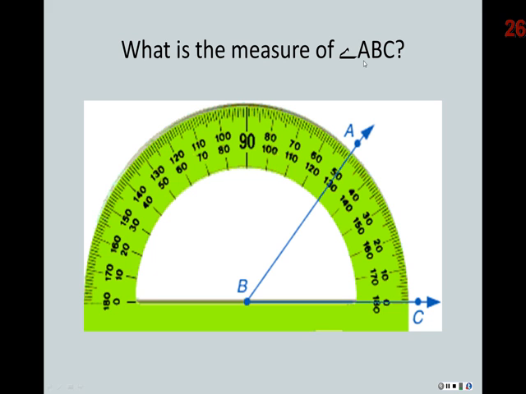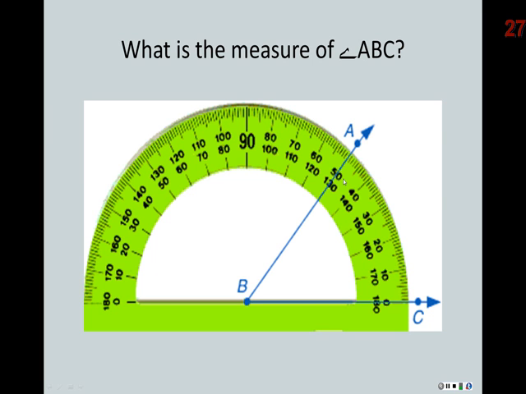I want you to read it as A, B, C. When you are looking at angles, do not forget this. The vertex must always be in the middle. So like I said, you can read this as A, B, C or C, B, A. B has to be in the middle because B is your vertex. So you want to read your angles correctly.